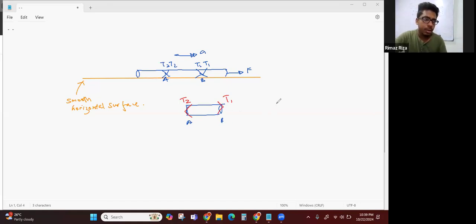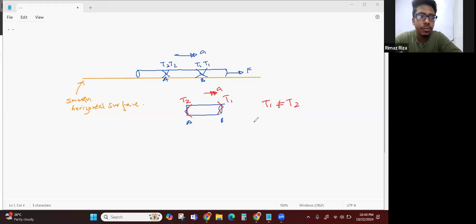Now this entire system is accelerating, which means this part is also accelerating with A. So in this case T1 cannot be equal to T2. If the two were equal, there would be no unbalanced force to make it accelerate. According to Newton's first law, only if an object is at rest or moving at constant velocity are the forces balanced. In the other case, if it's accelerating, forces are not balanced.